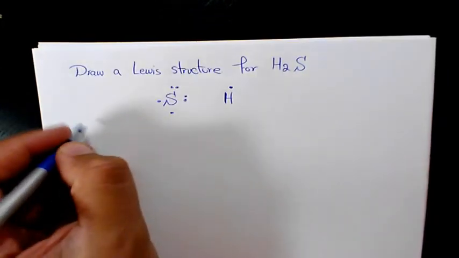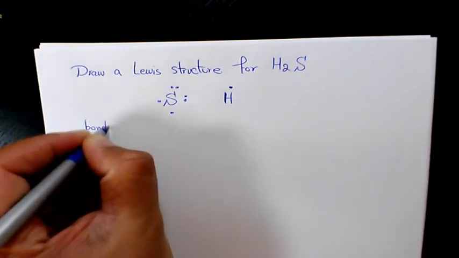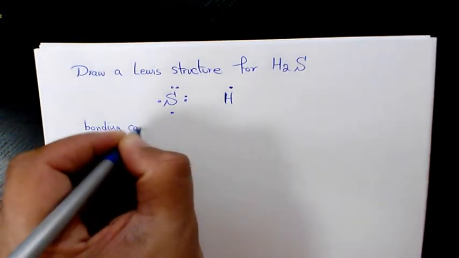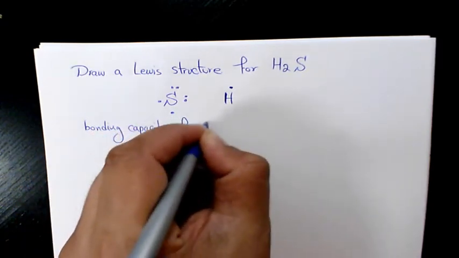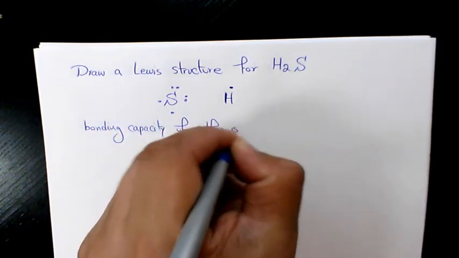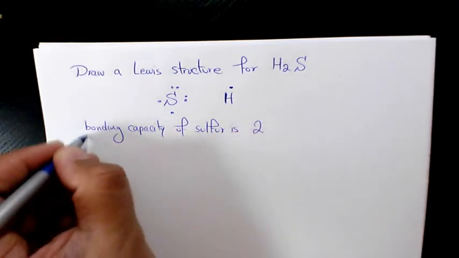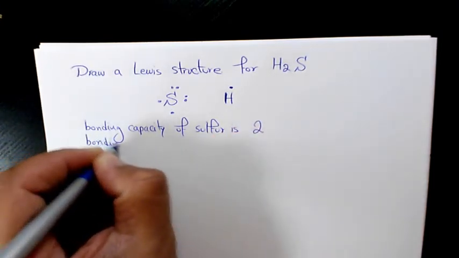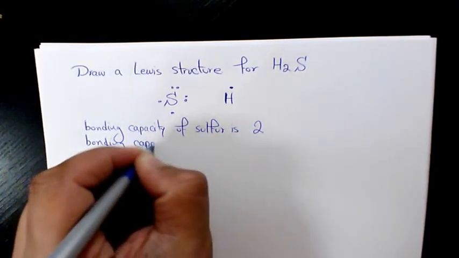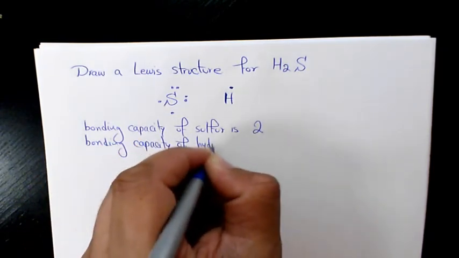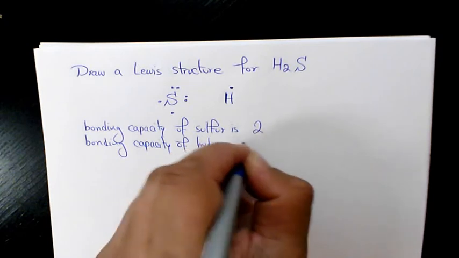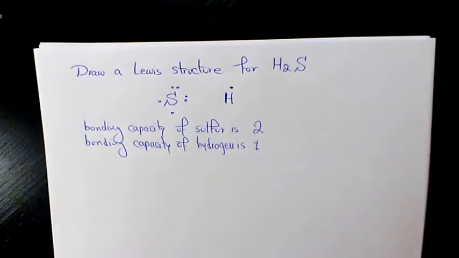So the bonding capacity of sulfur is 2. Bonding capacity of hydrogen is 1.